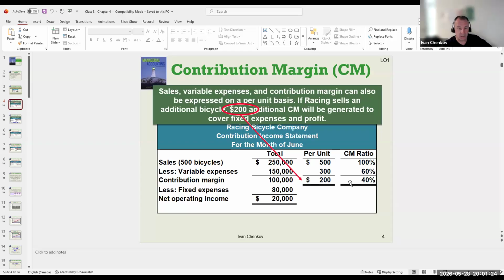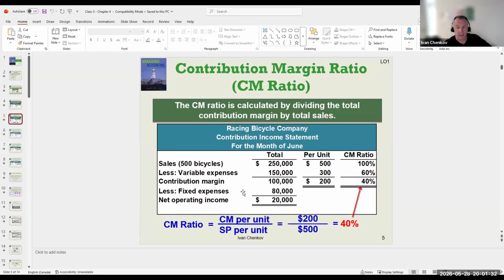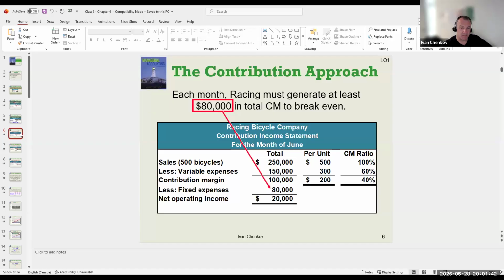Contribution margin, either per unit or in total, is always going to be the same, 40%. Fixed costs are fixed costs. They're not changing. That's how we calculate the percentages. Either we use the total or we use the per unit. That ratio is never going to change.